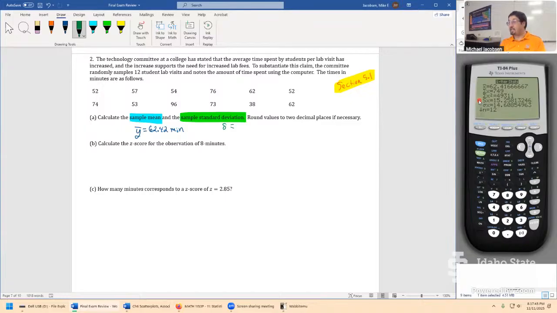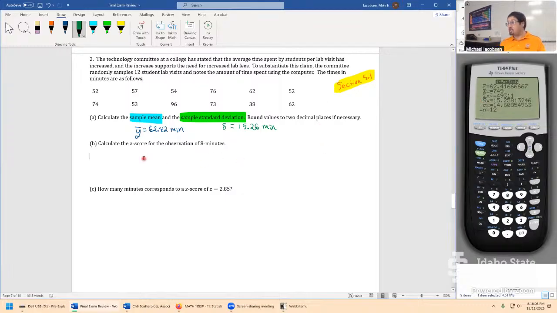The sigma is if we had a population. And it would be a population if they close down the lab and there's never any more lab visits, and these are the only ones they cared about. But that's not realistic to this problem. It's just a sample. So 15.26 minutes for that standard deviation.